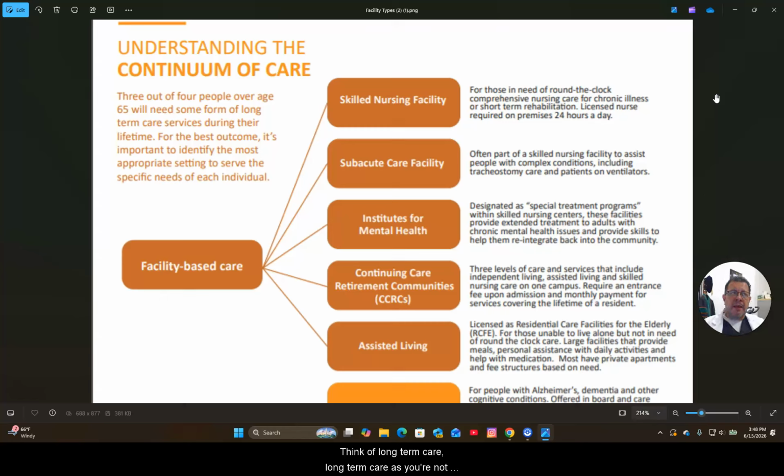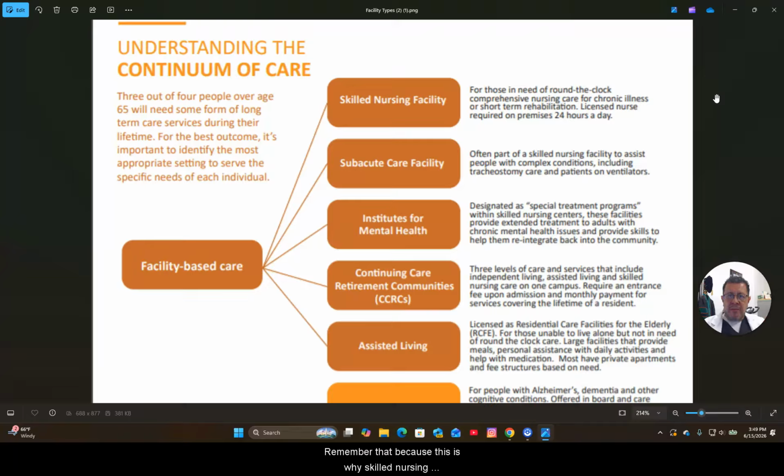Think of long-term care as you're not able to go back home anymore and you're there, for whatever reason, complications or other things. But they can also include memory care, and they can include hospice in the long-term care. And in the short-term care, they have people that are coming in for 60 to 90 days. Sometimes it can be extended, but for the most part, that's what you will see: 60 to 90 days.